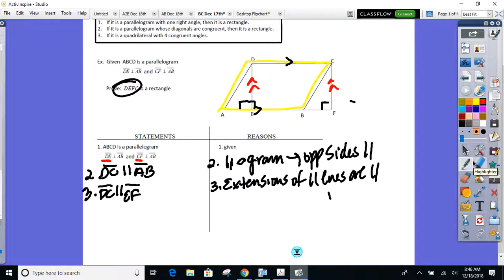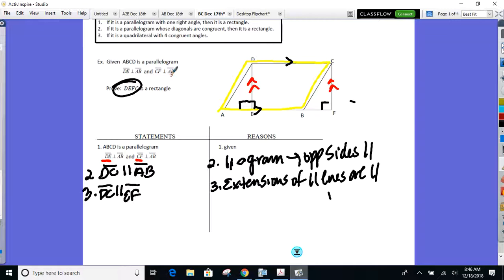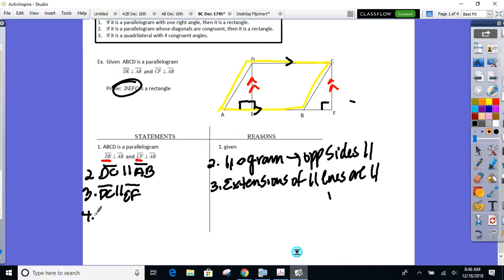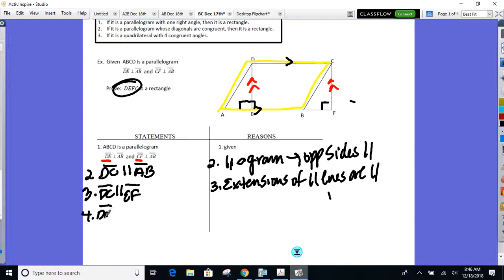Everyone remember, two lines, DE and CF, are both perpendicular to what? Let me say that again. DE and CF are both perpendicular to this AB, the same line, which makes them parallel. So now I have DE parallel to CF.